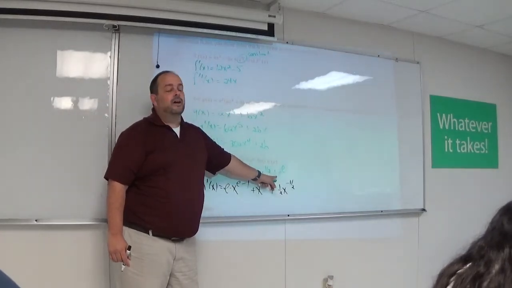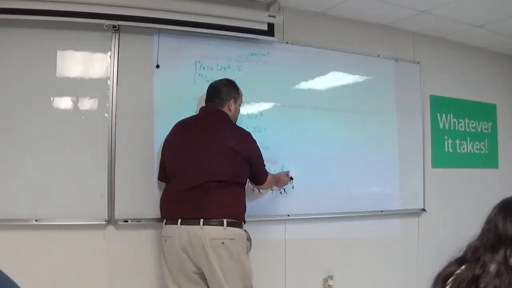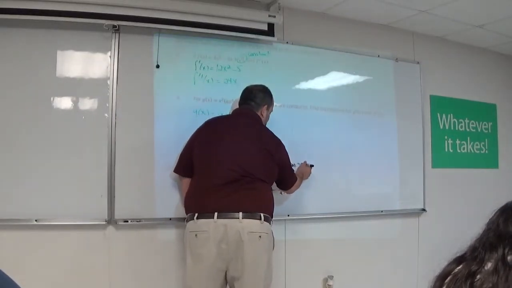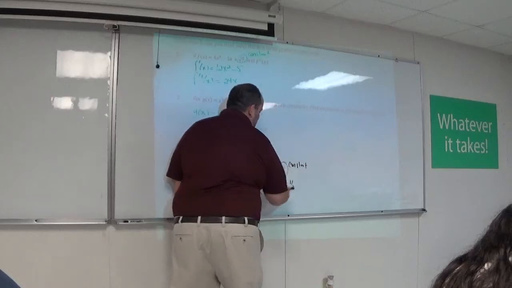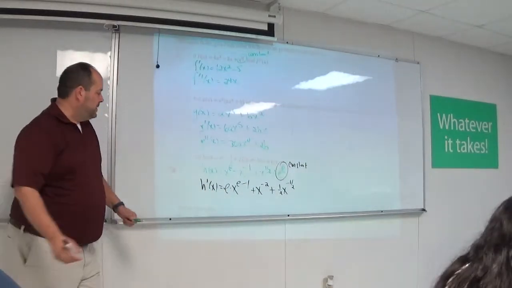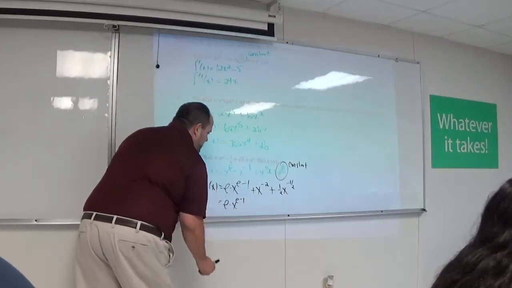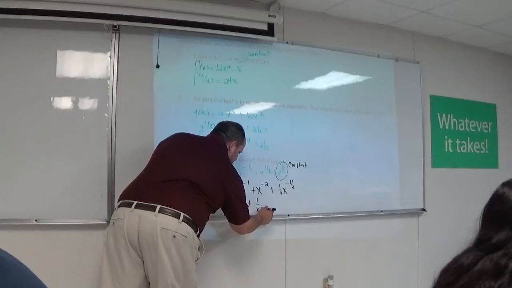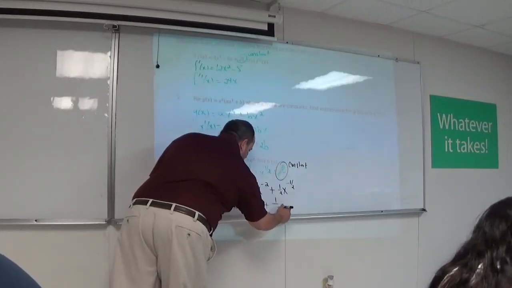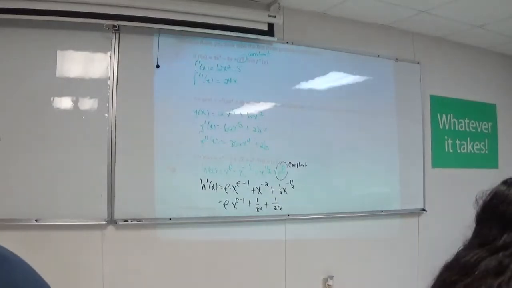No, Henry, stop saying no. E is a constant, e to the e is a constant, and so the derivative of e to the e is 0. That's the final answer. If you want to show off, e times x to the e minus 1 plus 1 over x squared plus 1 over 2 square roots of x is the best final answer.